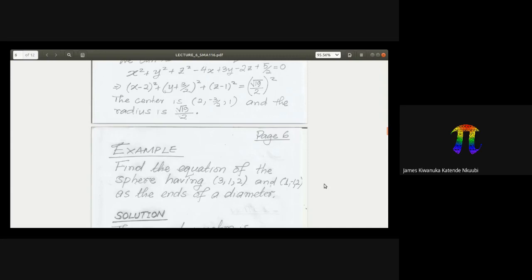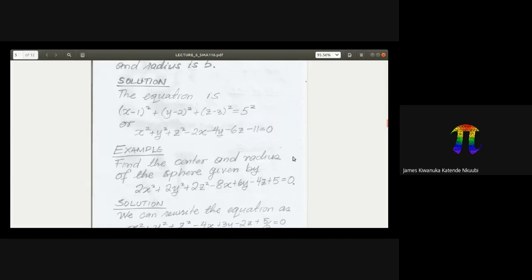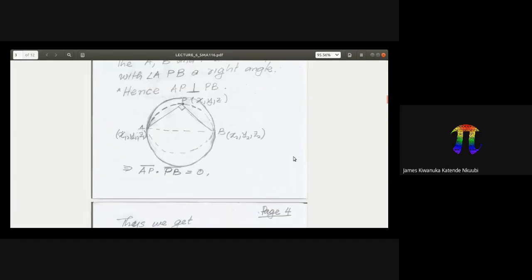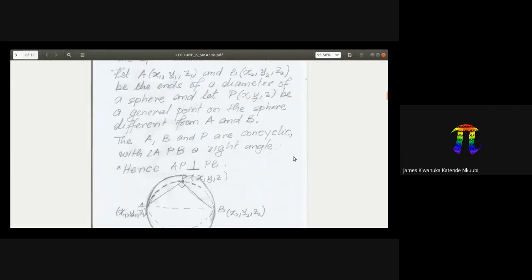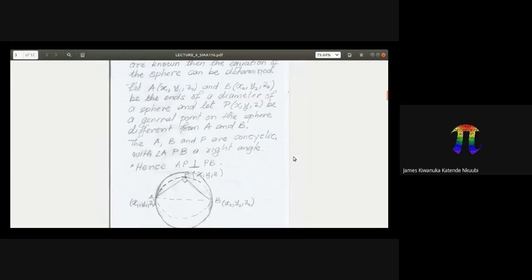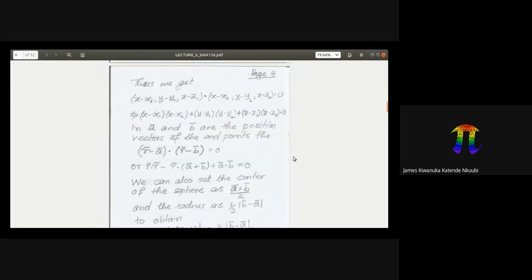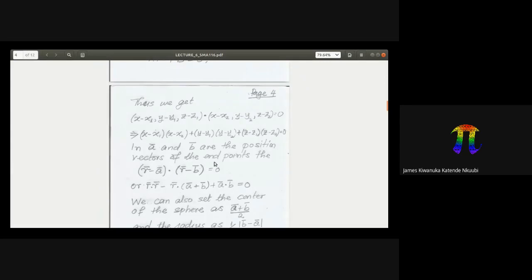So I think by now you must have copied the question. I can scroll back to the section with the theory. So I think this is the section with the theory. So it is here.